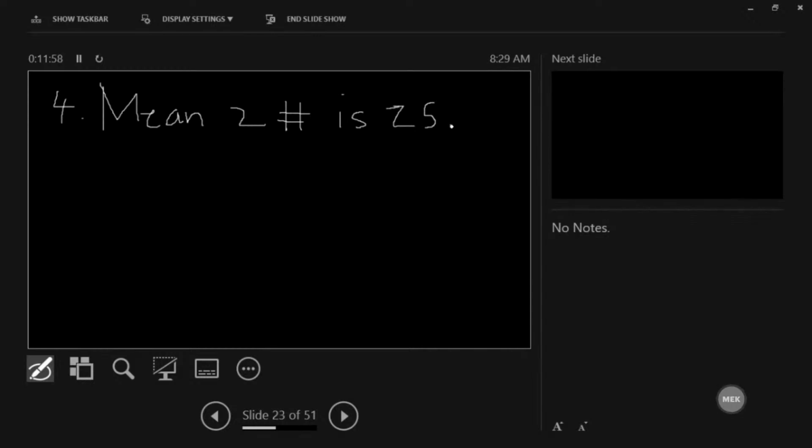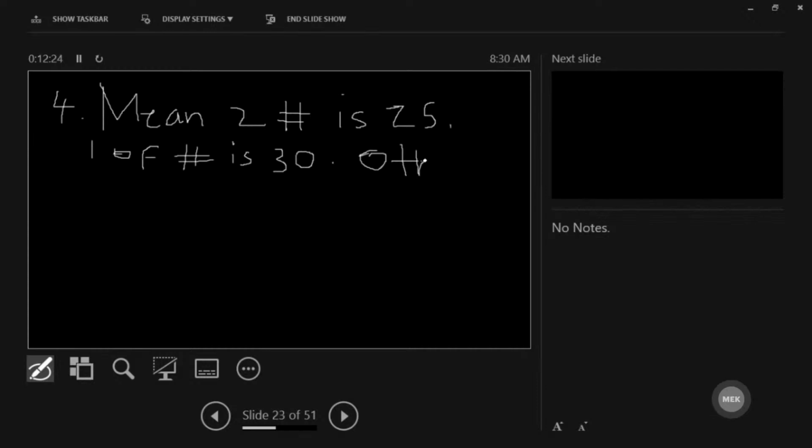That's the mean, right? The mean of two numbers is 25. If one of the numbers is 30, what is the other number?